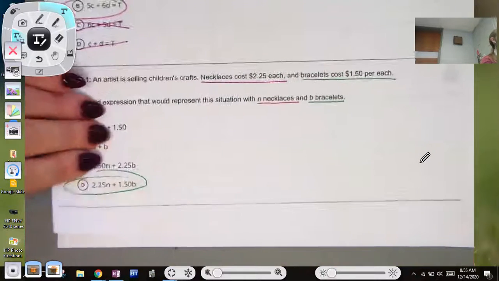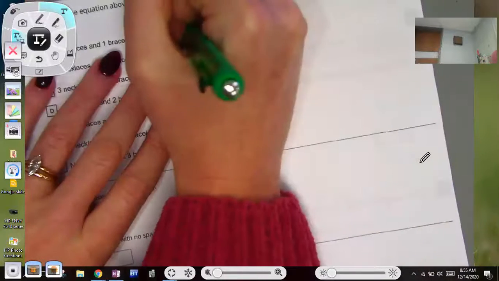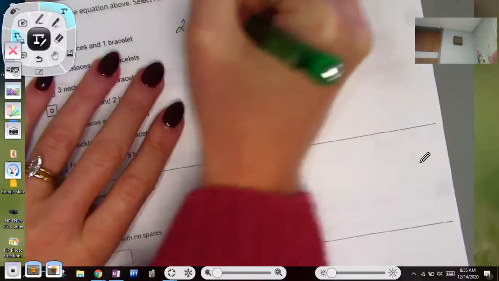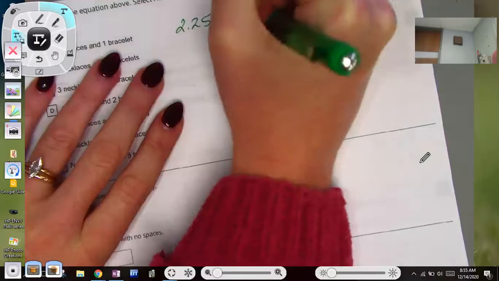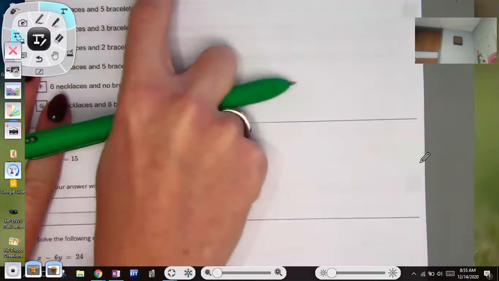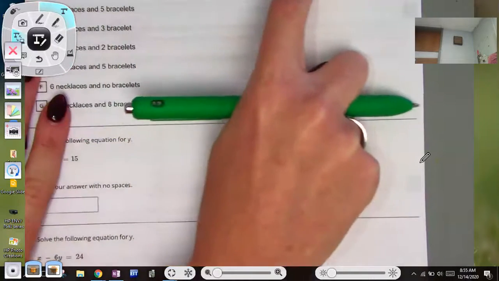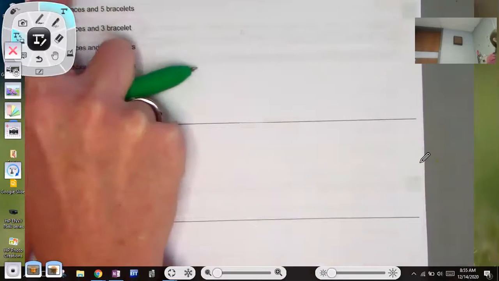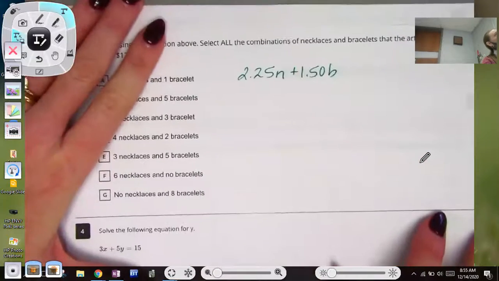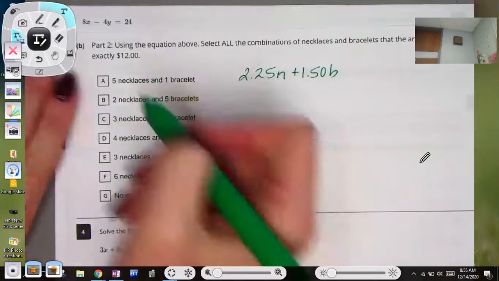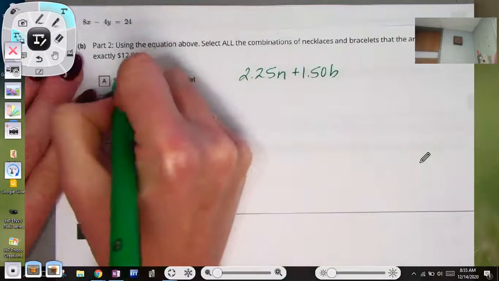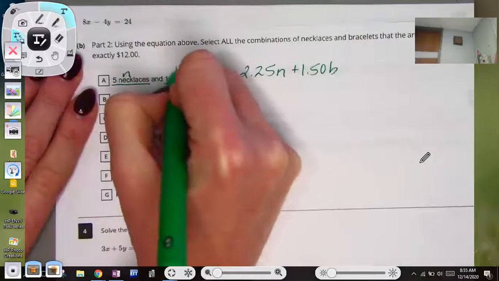So that matches up. Does that make sense? Yeah. Okay. Then it wants us to use that same equation, 225N plus 150B. Use the equation above, select all the combinations of necklaces and bracelets that the artist could sell for exactly $12. All right, so they're telling us what N equals, and they're telling us what B equals.